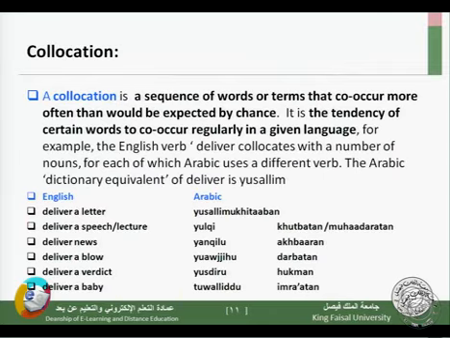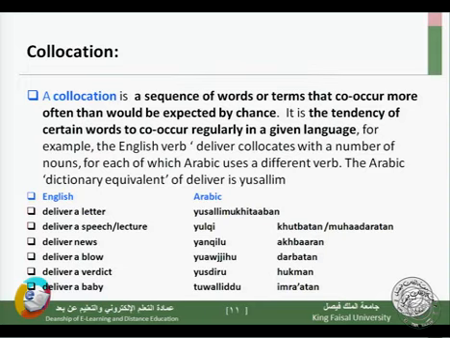Let's see collocation. What is a collocation? A collocation is a sequence of words that co-occur more often than would be expected by chance. It means they have a pattern.